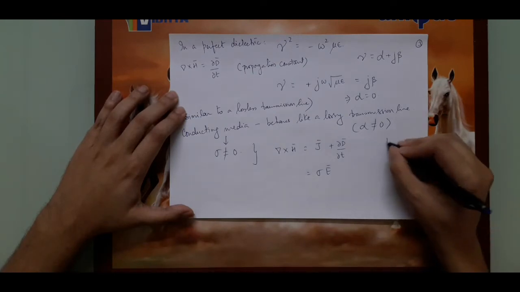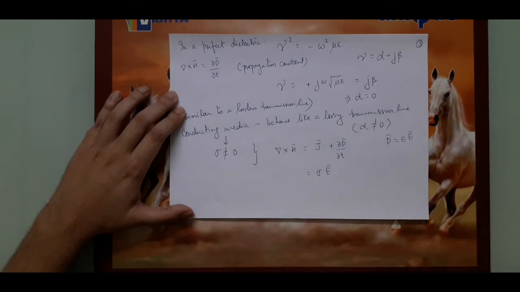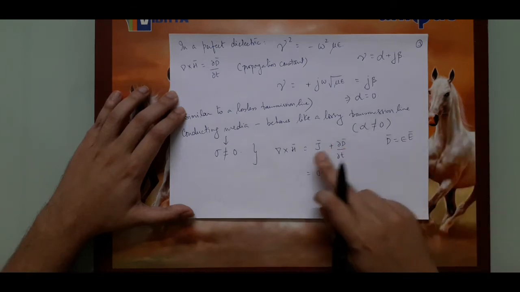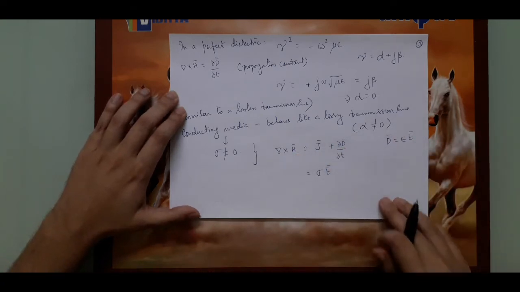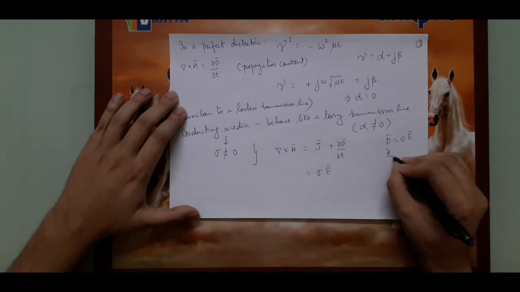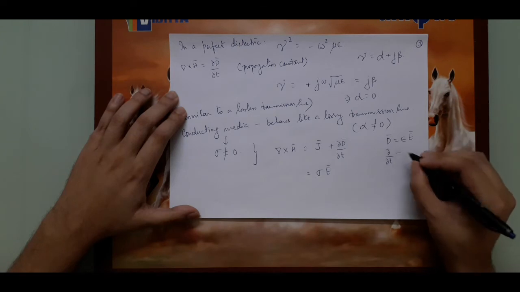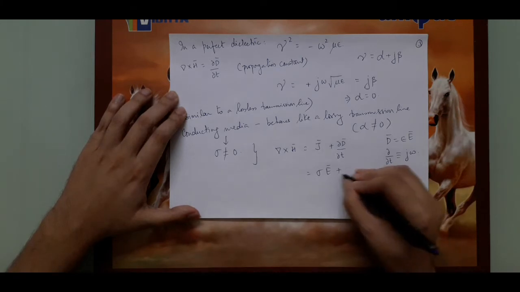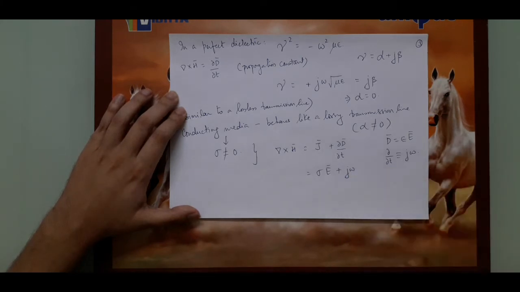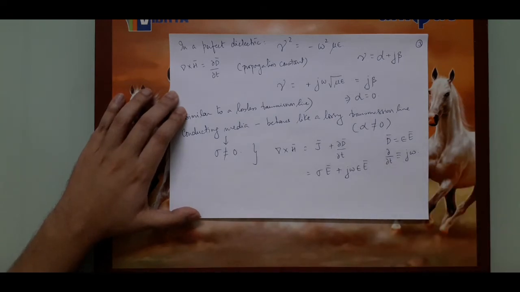And you know that D is nothing but epsilon times E. And we know that if the fields are time varying, which they are for any wave, the time differential can be represented as a j omega operator. So therefore I can say this is nothing but j omega epsilon E.